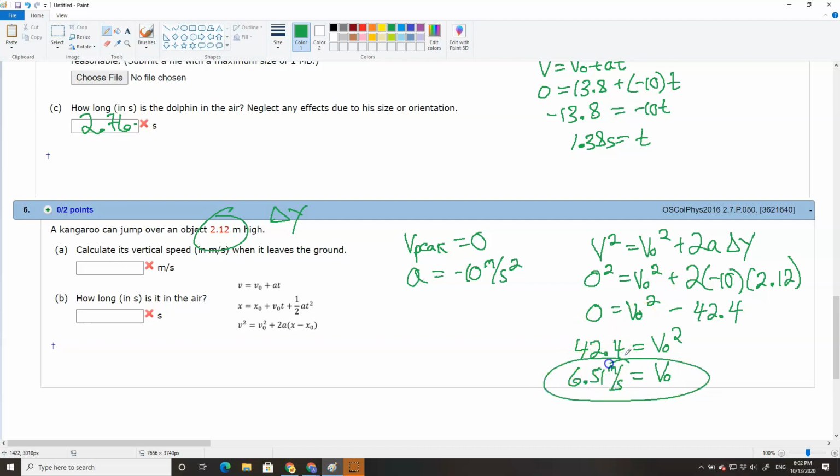And we can finish with the first equation. V is V naught plus AT. Just like in the dolphin, we will have to double the time.